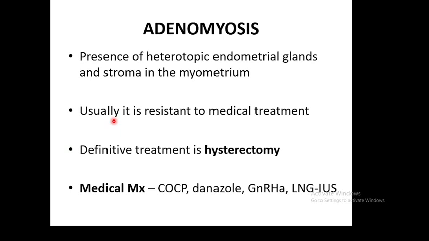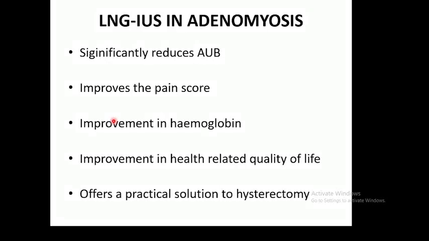We are not going to cure the adenomyosis. Cure is hysterectomy. The cure for endometriosis is again a radical surgery where we have to remove the uterus, ovaries, tubes, and all the peritoneum which has the ectopic endometrium or endometrial deposits. But we can suppress the disease, both endometriosis and adenomyosis, with this device.